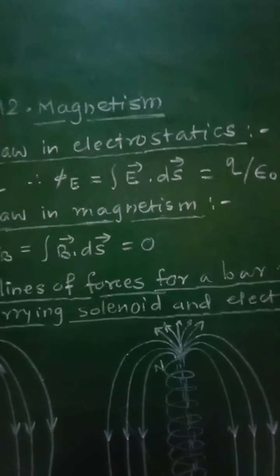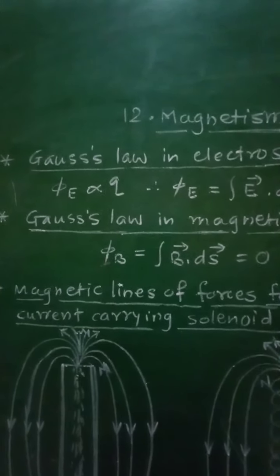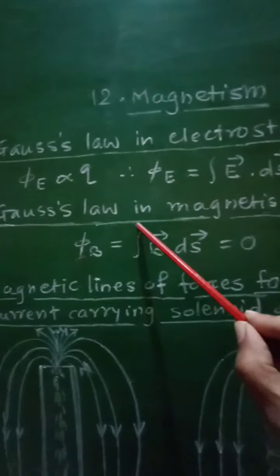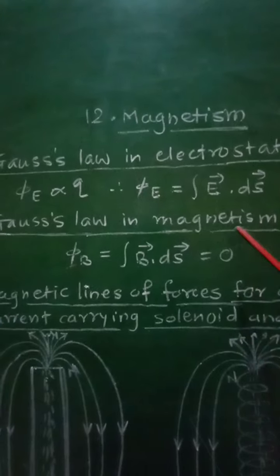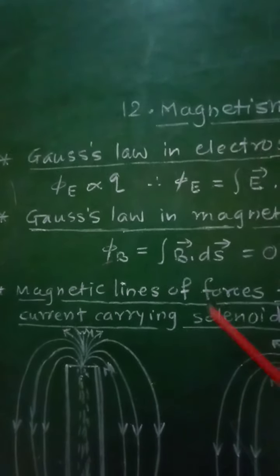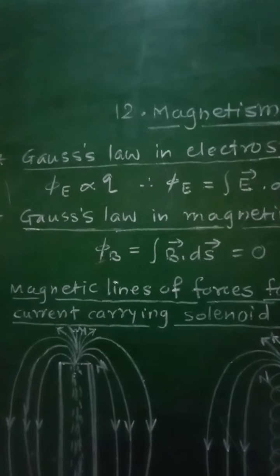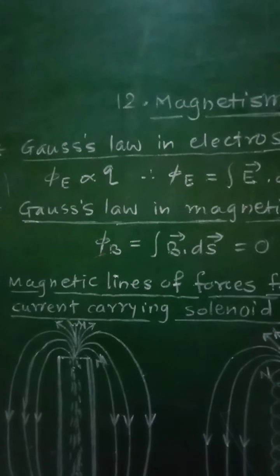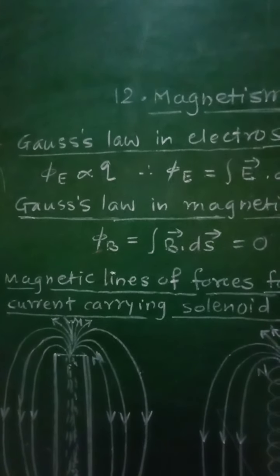On the other hand, in case of magnetism, the Gauss law in magnetism that we will have to study. In case of magnetism, Gauss law is stated as: the net magnetic flux through a closed Gaussian surface is 0.